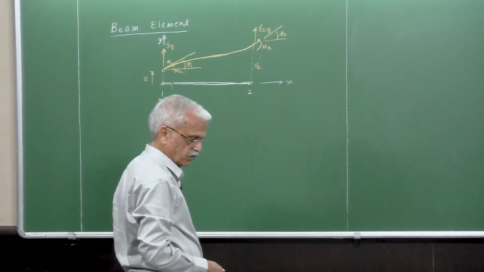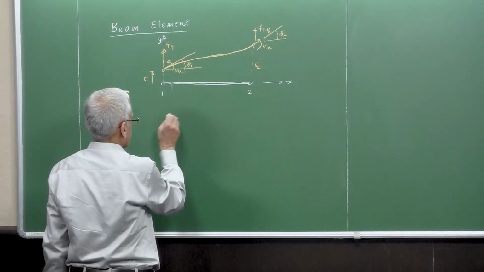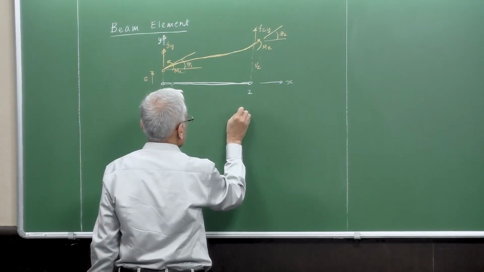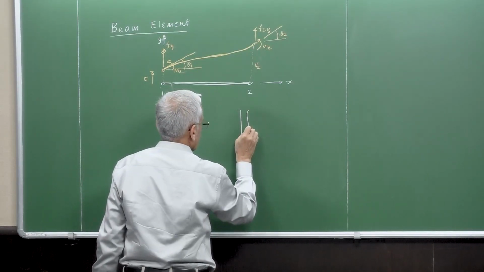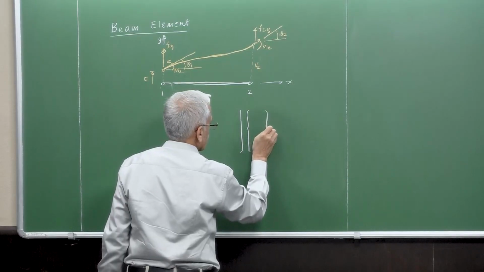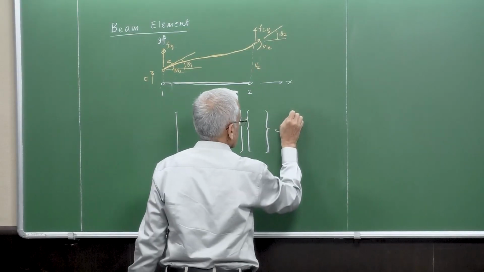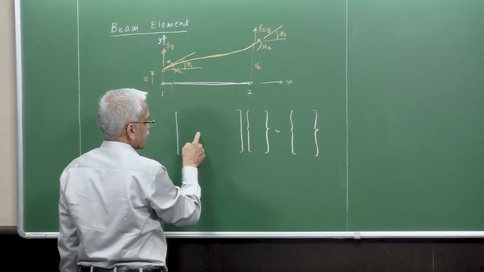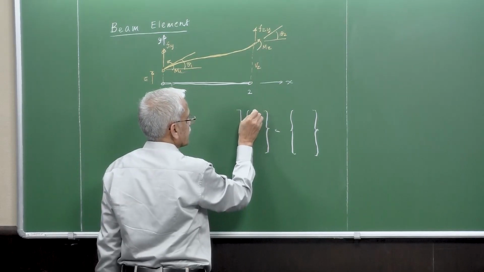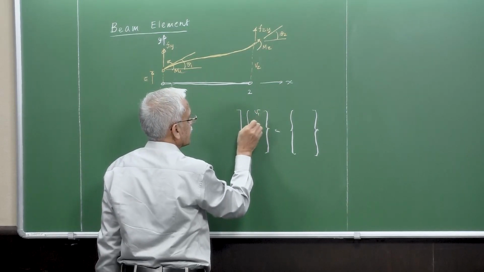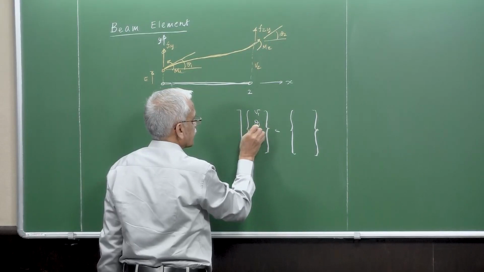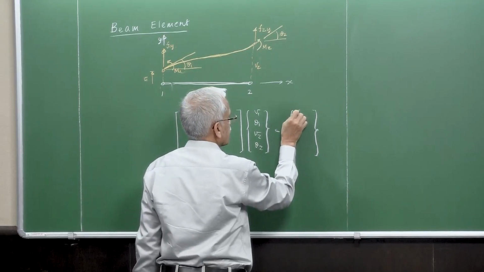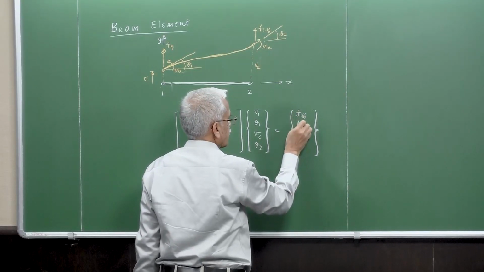So what we want to find out here is the relationship for one element: the stiffness matrix multiplied by the displacements V1, theta 1, V2, theta 2, equals the forces F1y, M1, and so on.